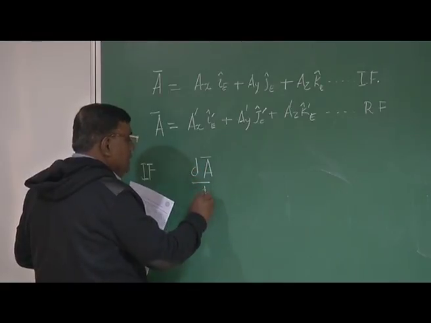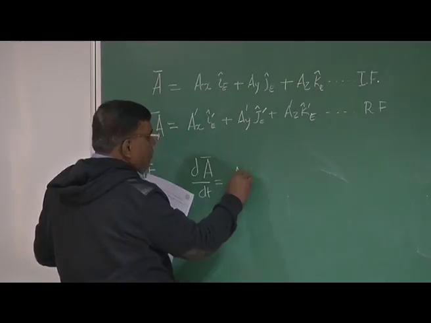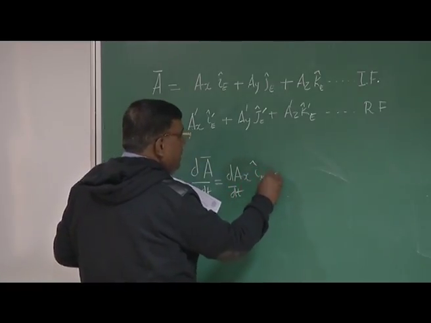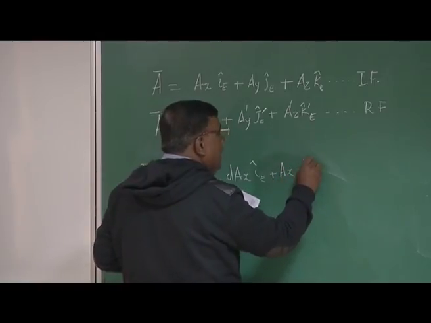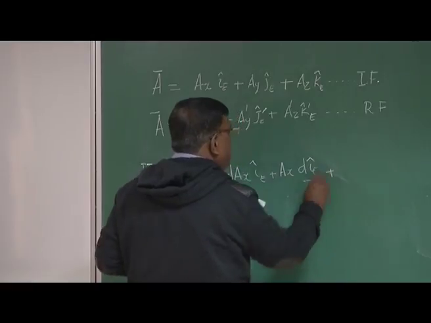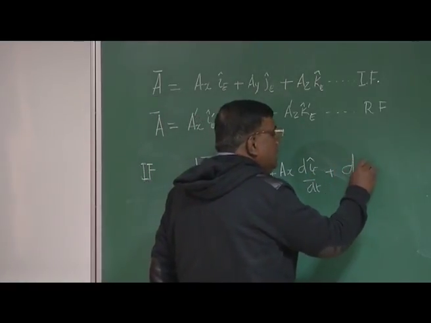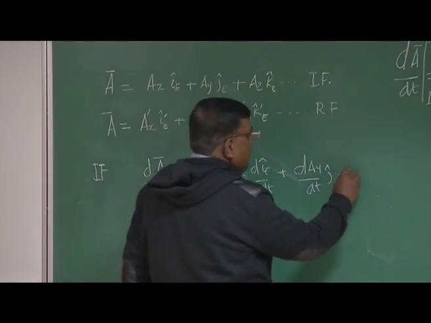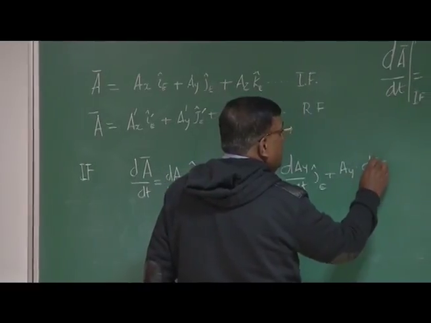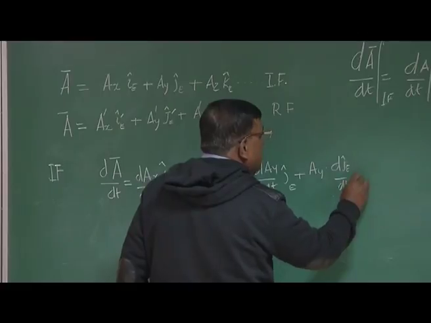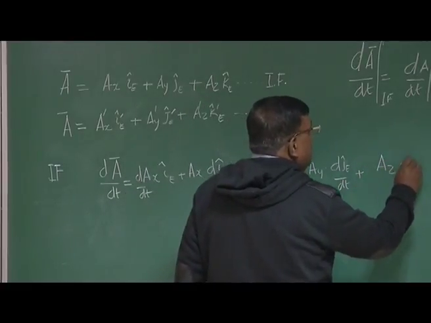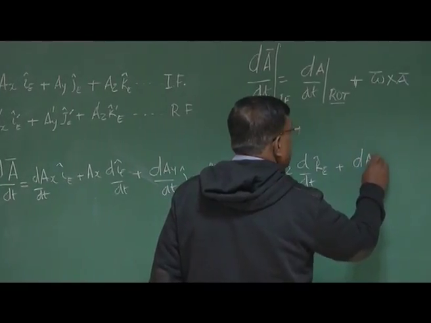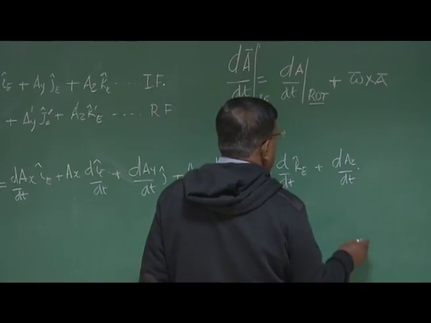So dA/dt, if I write mechanically using the vector definition, will be dAx/dt times i_E plus Ax times di_E/dt. Similarly, the second term will be dAy/dt times j_E plus Ay times dj_E/dt, plus Az times dk_E/dt plus dAz/dt times k_E.